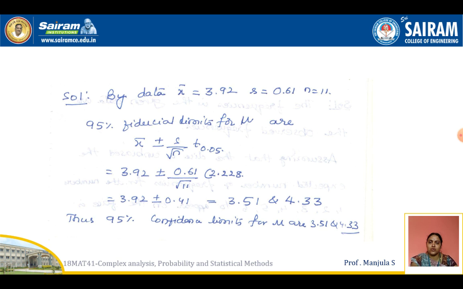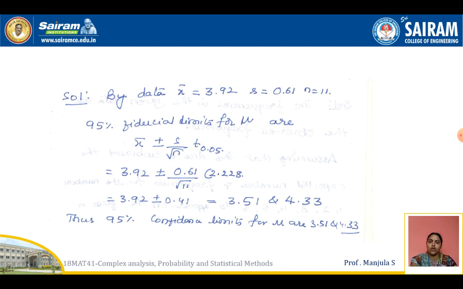You just substitute so that this equation can be written as 3.92 plus or minus 0.61 by square root of 11, that into 2.228. On simplification we can write this as 3.92 plus or minus 0.41. So here plus or minus is there.